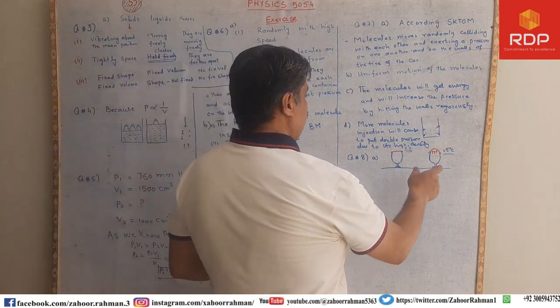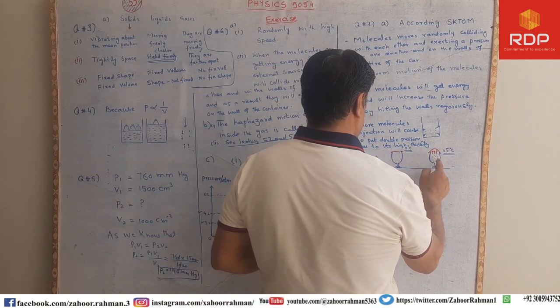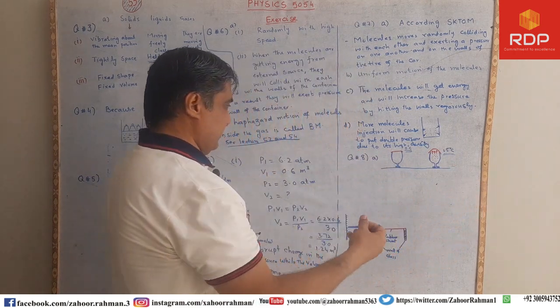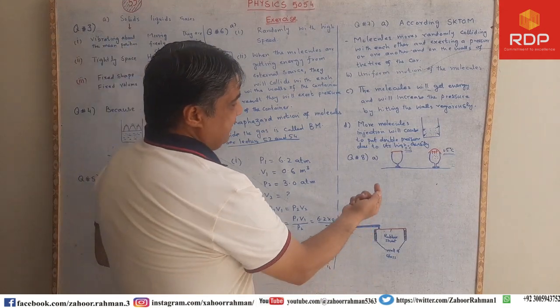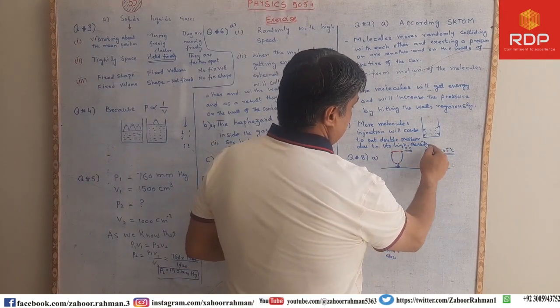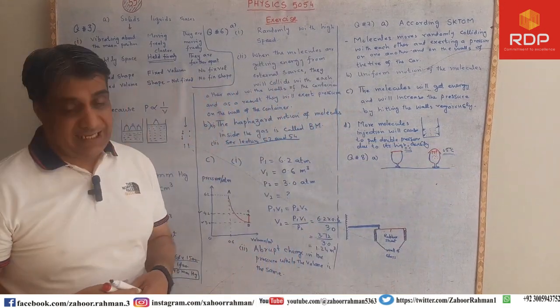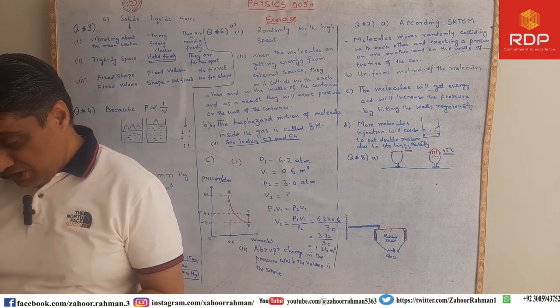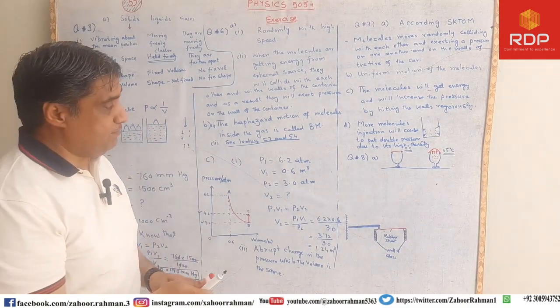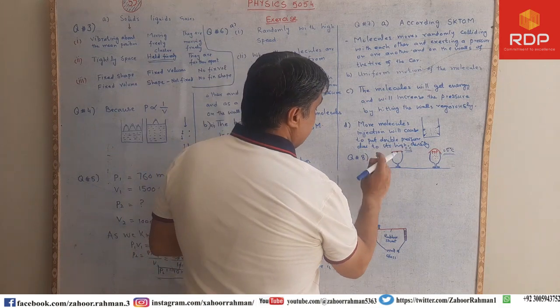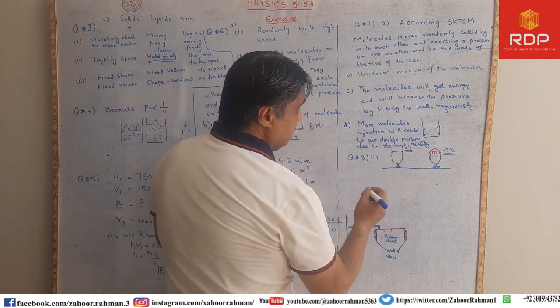So when temperature increases, more pressure will be there because molecules are getting more energy from outside and they will push this rubber seal, so it will be in the inflated form. This was the whole story about part number 1.